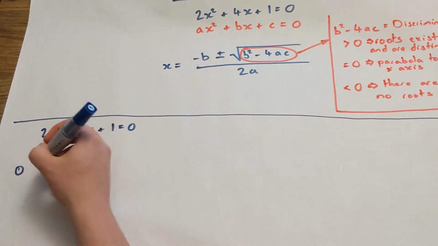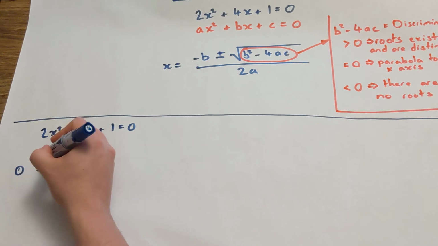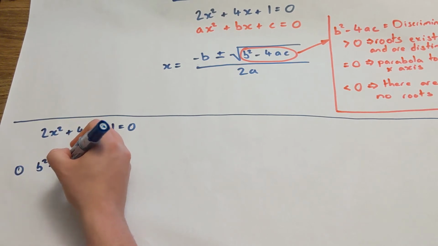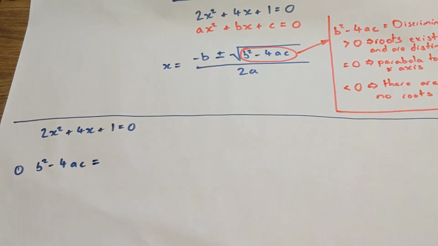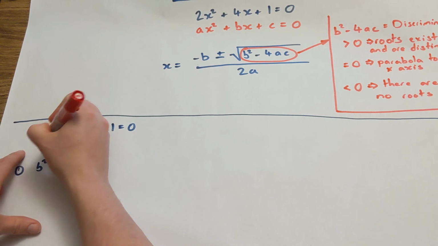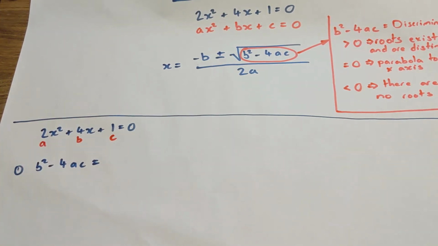Step 1 is to work out the discriminant, and that's this bit, b squared minus 4ac. So let's work that out and sub in our values. Remember, this is a, this is b, and this is c.